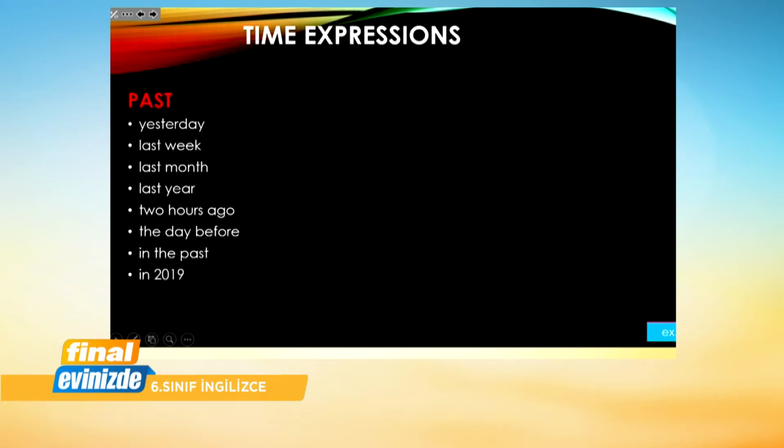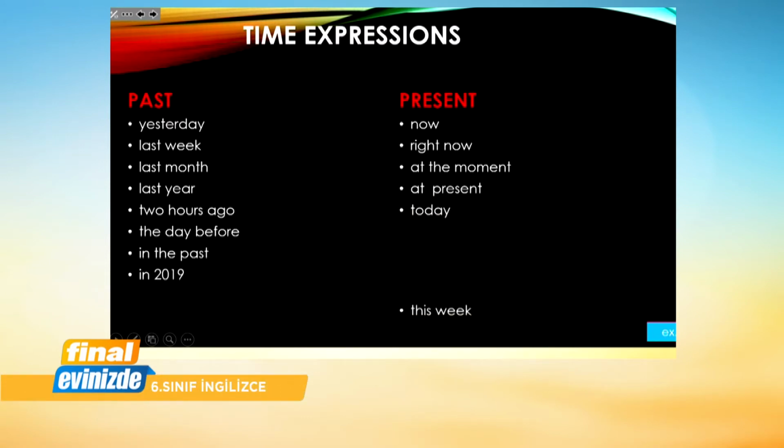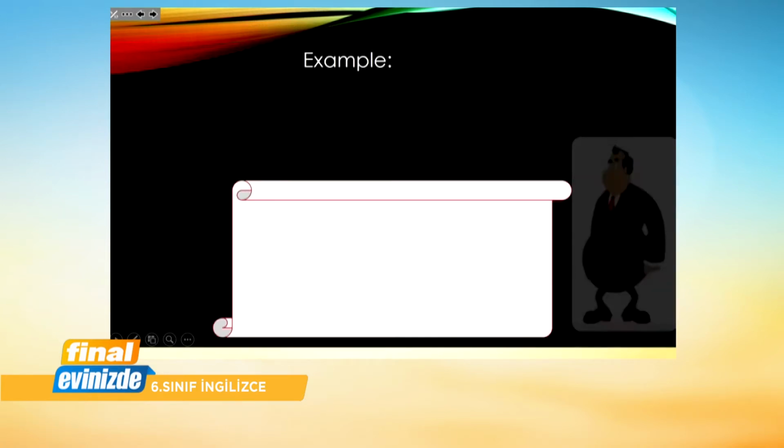For the present, we have now, right now, at the moment, at present, today, this week, this month, this year, and these days as well. And now we are going to see in examples, in sentences, how we can use these time expressions correctly. Fine? Okay, let's go ahead.